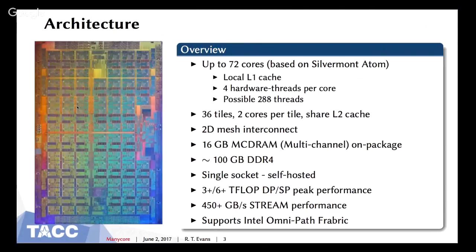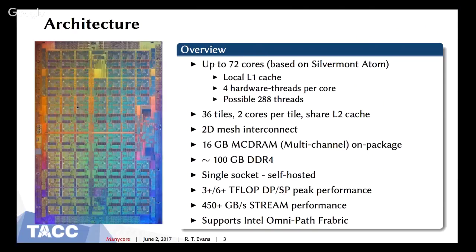Okay, so a KNL, second generation Xeon Phi, can have up to 72 cores. The architecture you're going to run on today has 68 cores. And I mentioned this in passing in the previous session, but each core has its own L1 cache, but shares an L2 cache. Each core has 2 floating point vector units.